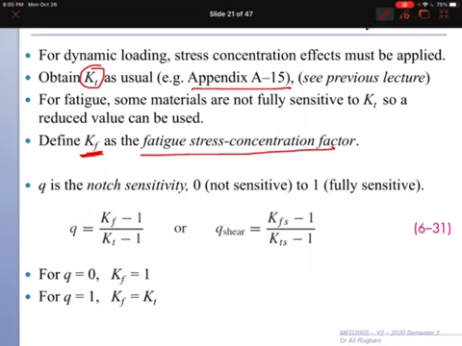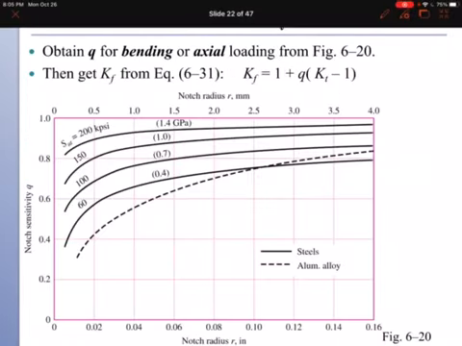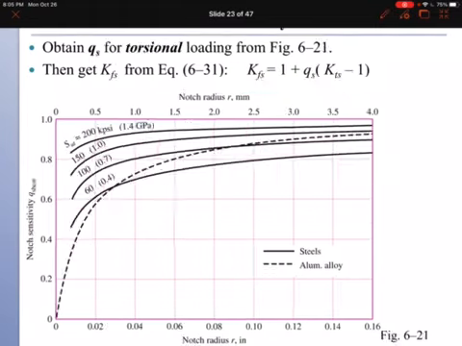Okay, and the other one is the notch sensitivity Q. So these two, Kt and Q, would be used to find Kf. This is the formula here: Kf, we have Q and we have Kt. Let me go back to the previous slide.